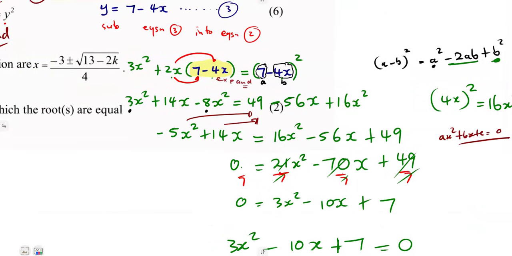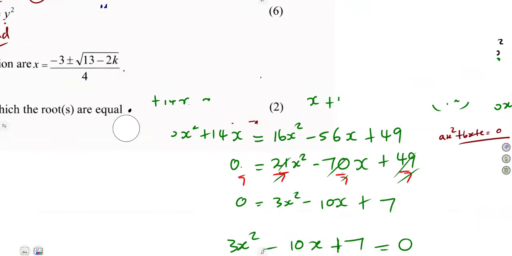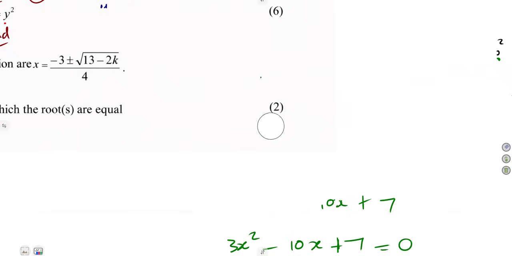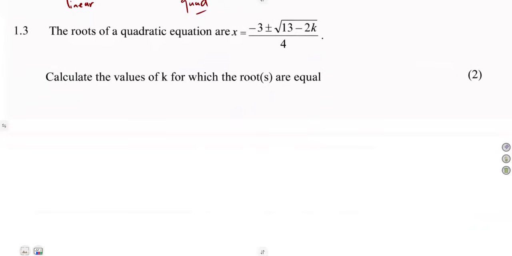Let us move on to the other part and see how these questions, guys, are given. It's all about revision, as you can see. You must do revision as much as you can. 1.3, the roots of a quadratic equation are, these are the roots when you solved your quadratic equation using the quadratic formula.